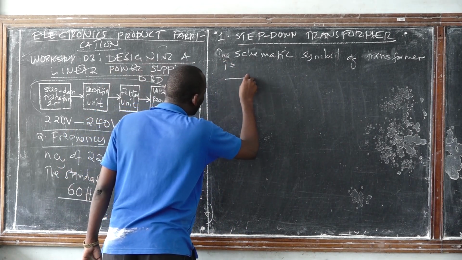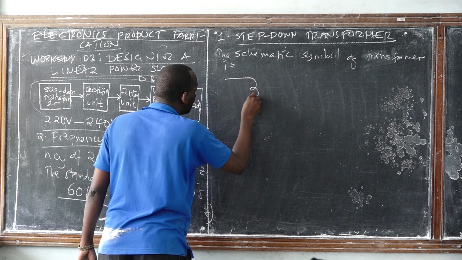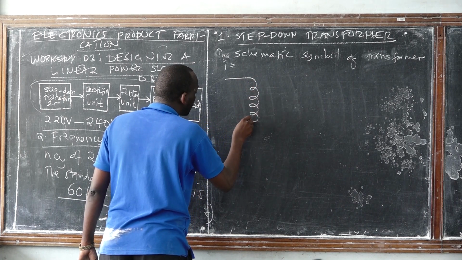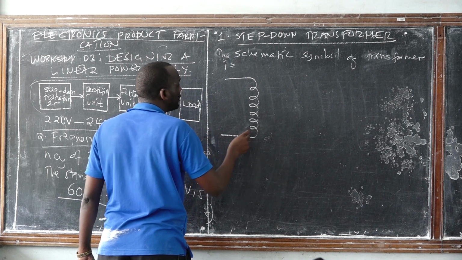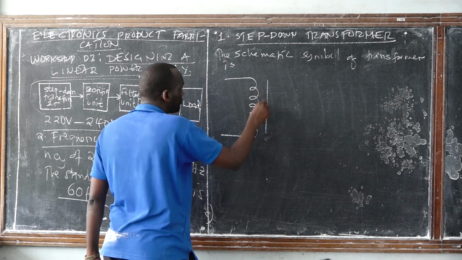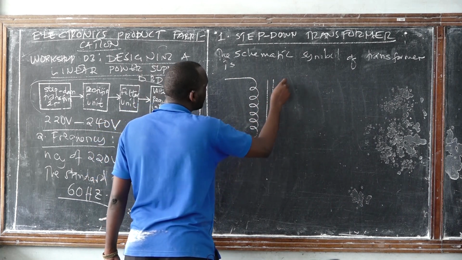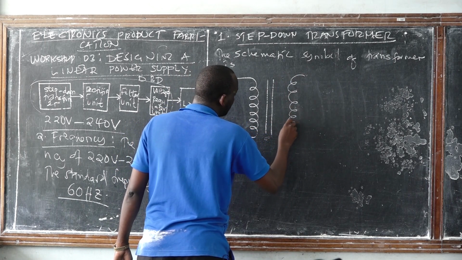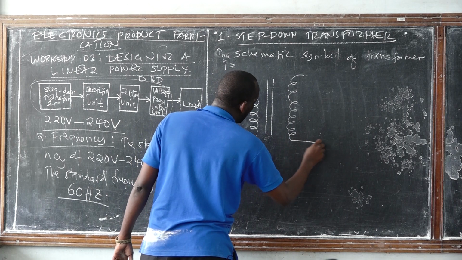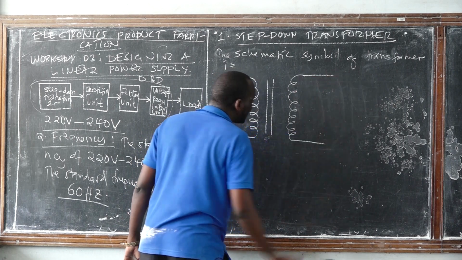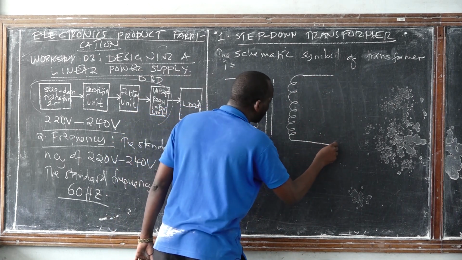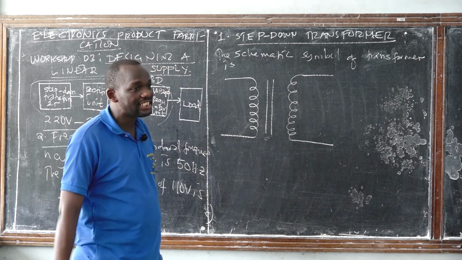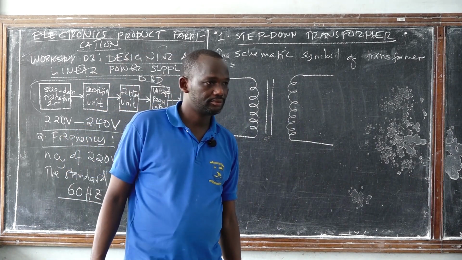So it means a transformer has a primary coil and a secondary coil. Also, we have two types of step down transformer: the non-centered step down transformer and the centered step down transformer.